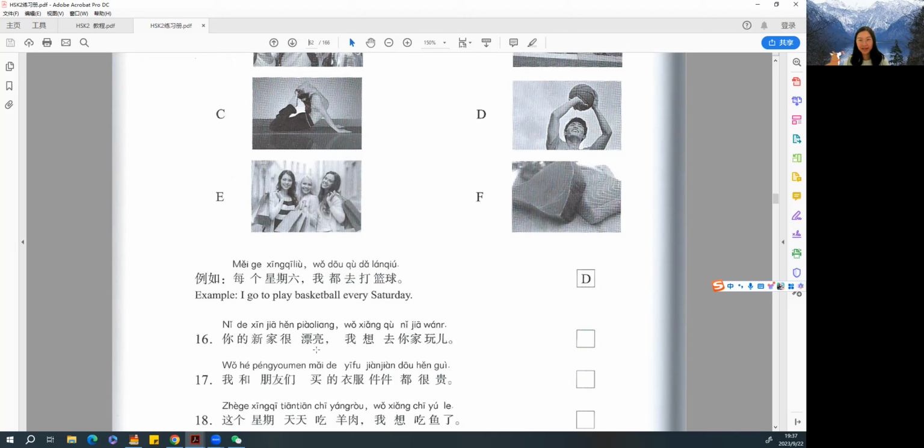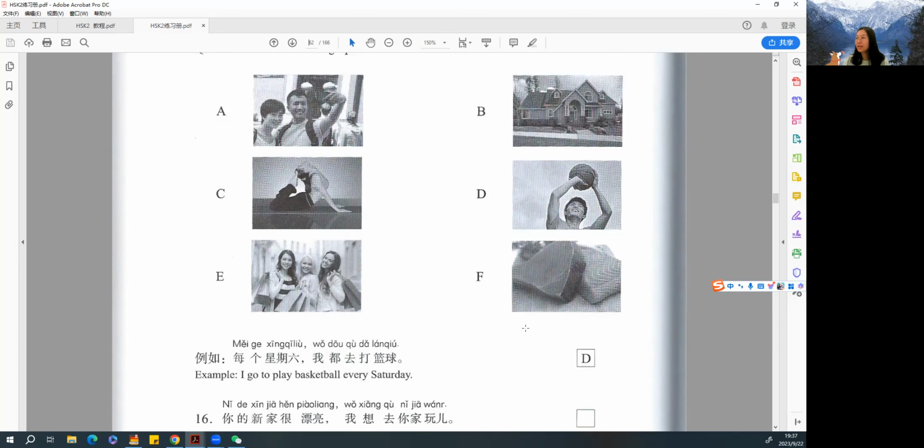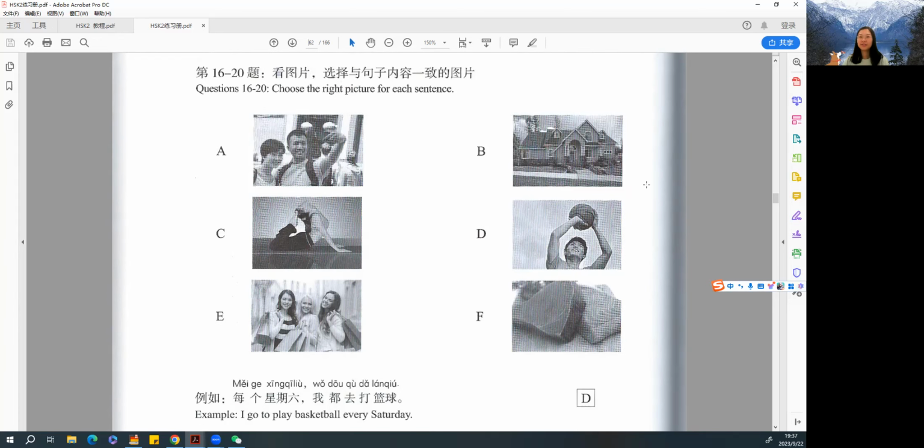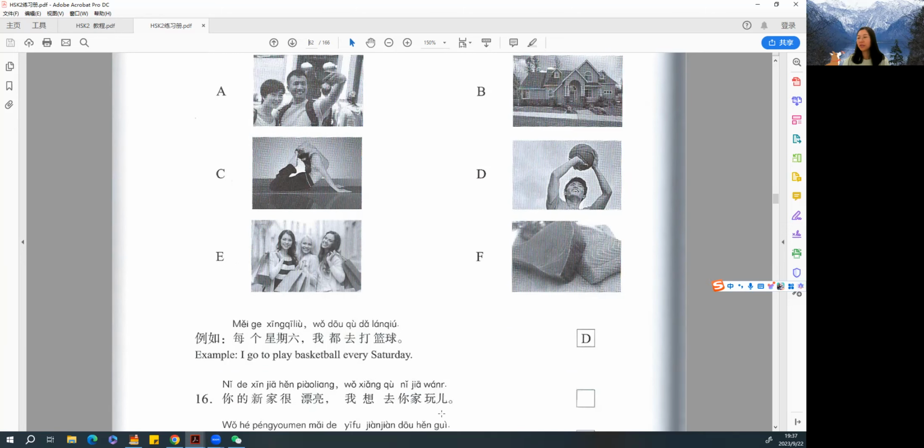Good. 很漂亮, very pretty. 我想 means I want to, right? 去你家玩, 玩 is play. So to hang out with someone. There will be picture B because it mentioned a home, new home.